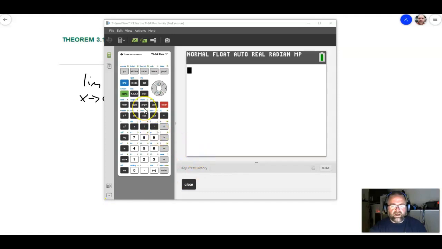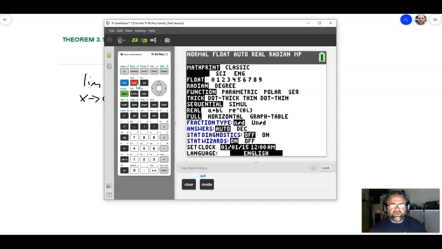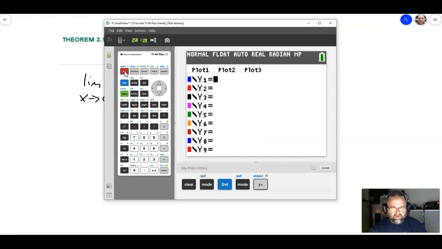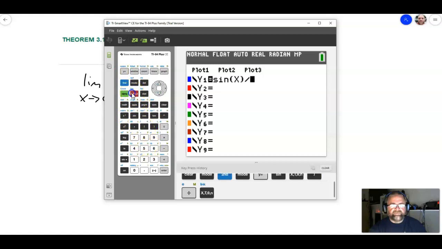Since we're graphing with trig functions, we need to make sure that our mode is in radians, which it is. Then we get the y equals, and we put in sine of x divided by x. Remember, we're trying to find the y value as the x value approaches 0.